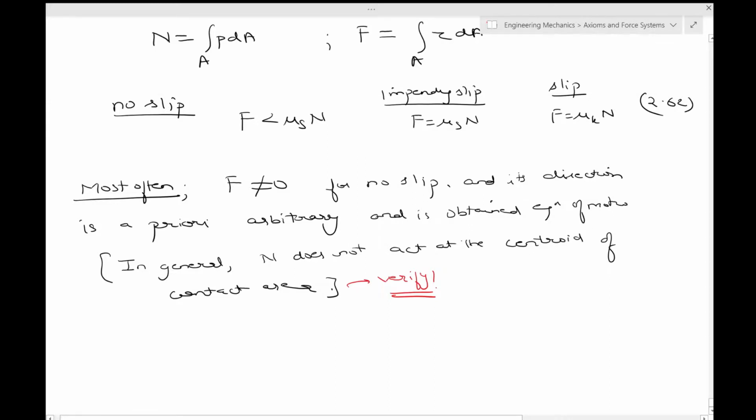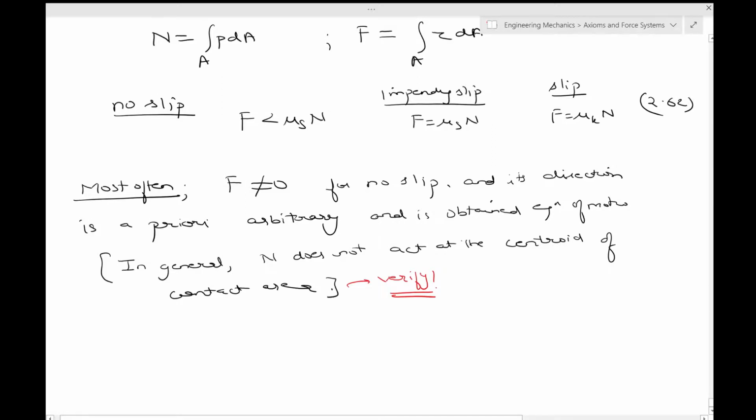Okay, so this equation, which is 2.62, which you can see over here, is valid for many situations. Okay, it's valid for idealized straight line contact if the direction and sense of tau is the same at all points.